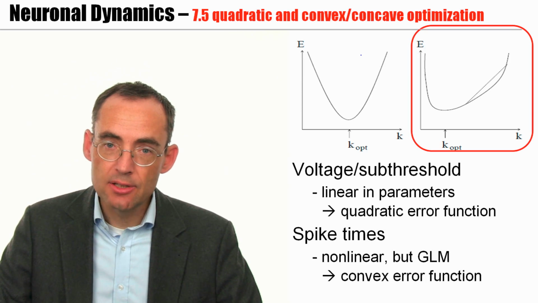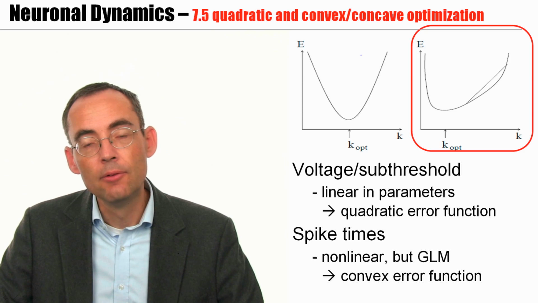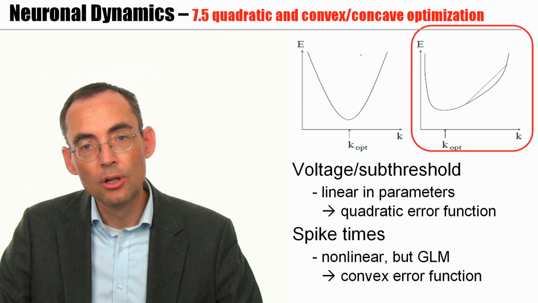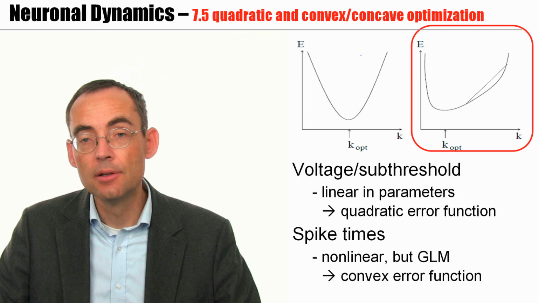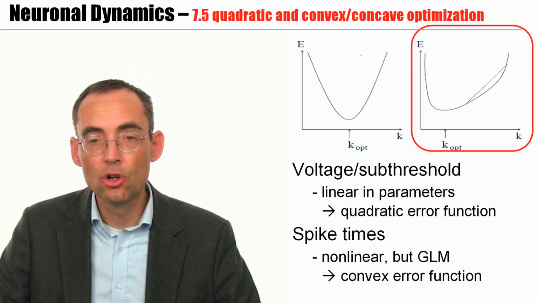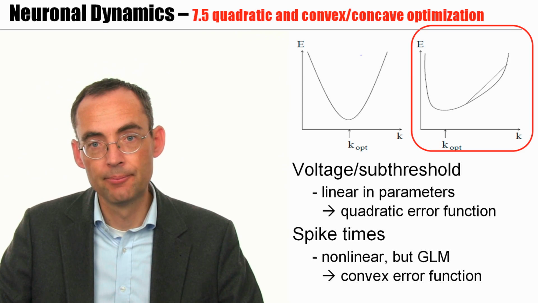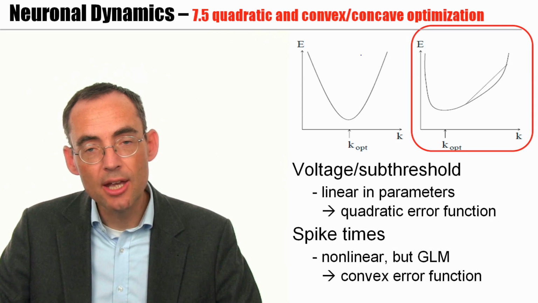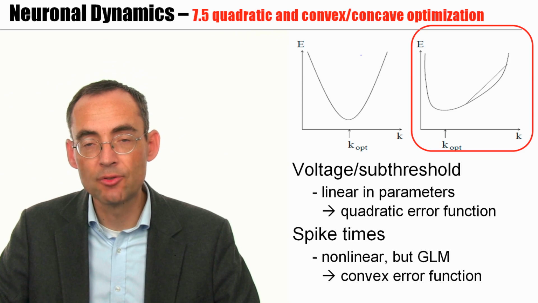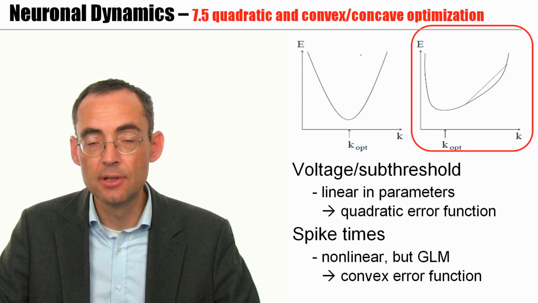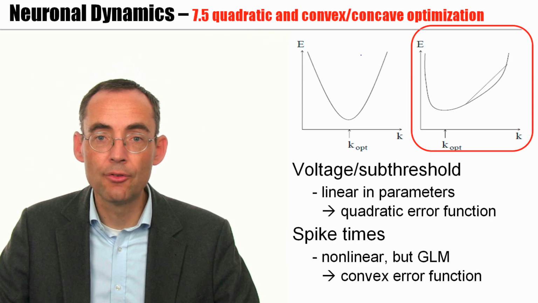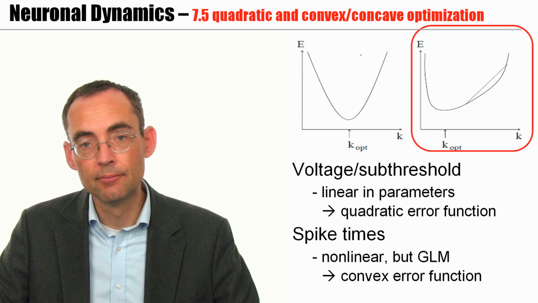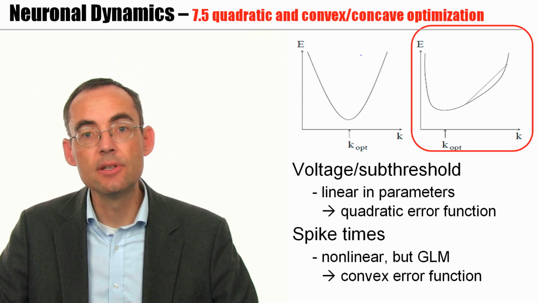If you want to predict spike times, then we can optimize the likelihood that the data spike train could have been generated by the model. And in this case, we have a problem that's concave, that has a single maximum as a function of the threshold parameters, the parameters of this filter theta 1. And again, this means it's easy to solve.